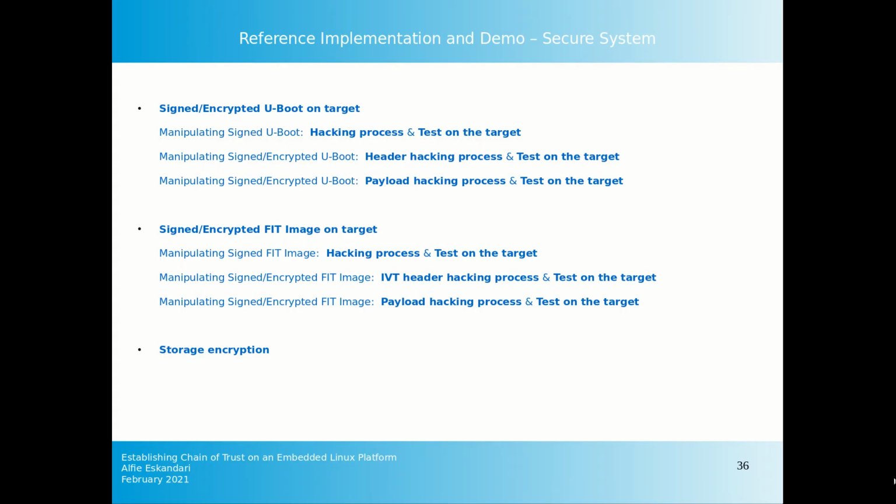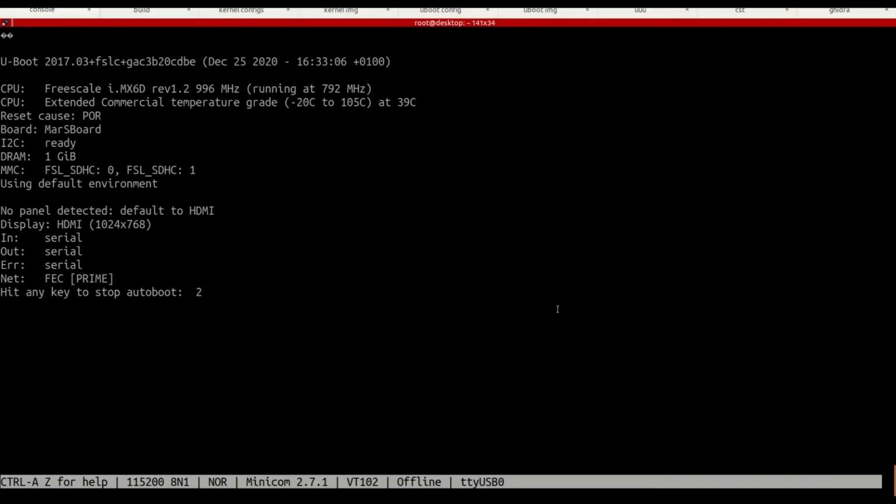In the second part of the demo, we are going to take a look at the system when it's secure. This means the U-boot and the kernel fit image are signed and encrypted, and the storage encryption is also supported. Let's have a look at the signed and encrypted U-boot running on the target. We stop the auto-boot process, and as we can see here, we already run a signed version of the U-boot.